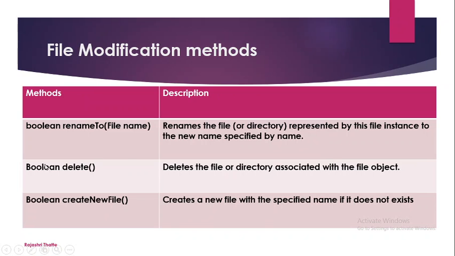For example, f1 is my directory because I had written the path d:/b6 there. It was a directory. So if I write f1.delete, it deletes the entire directory. After deleting, the return will be true because everything is deleted. If I write f2.delete, f2 was the file, so it deletes that file.